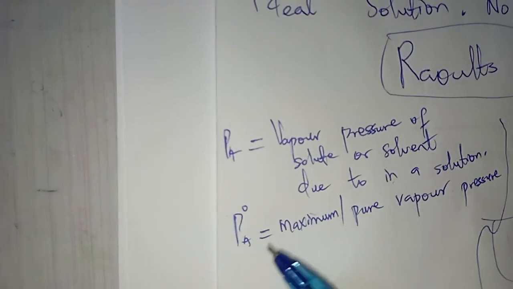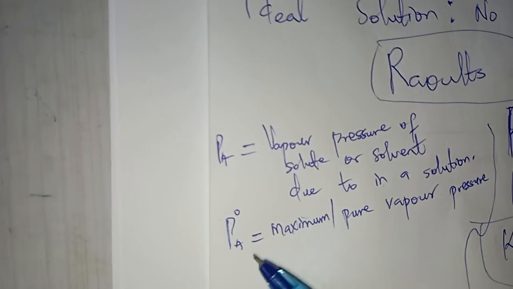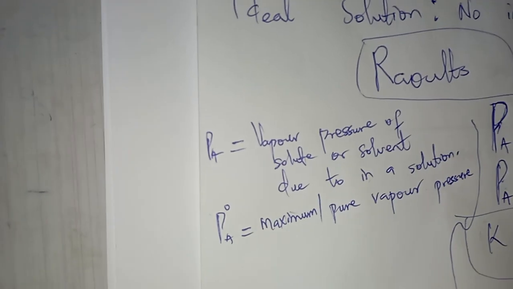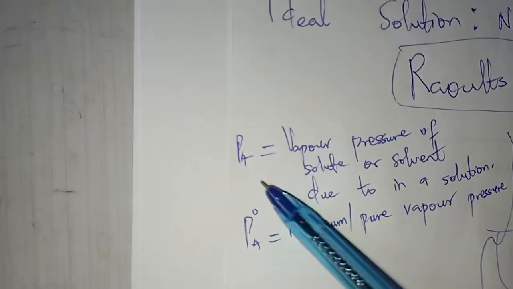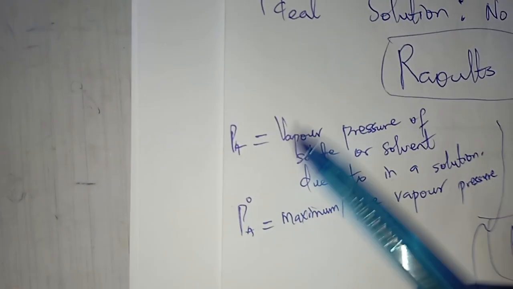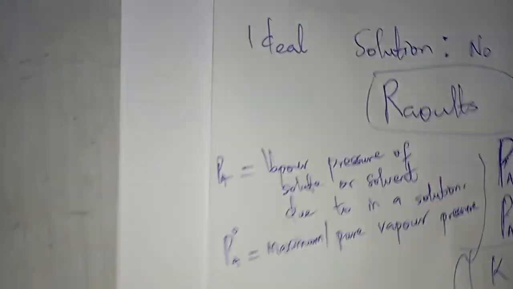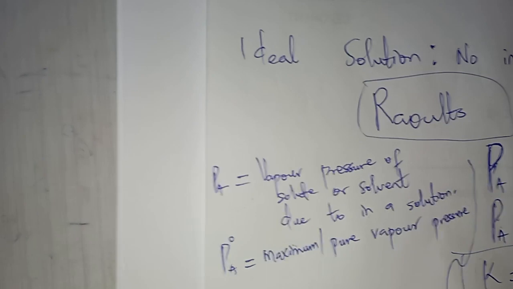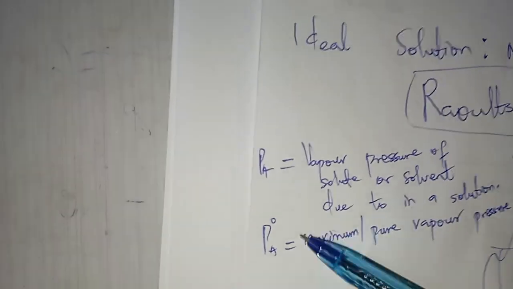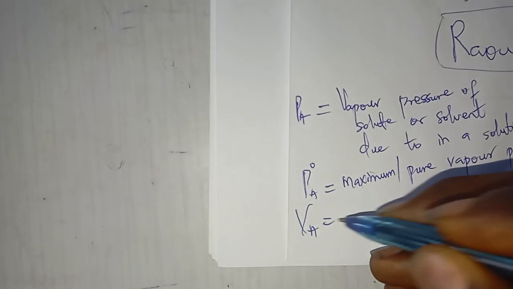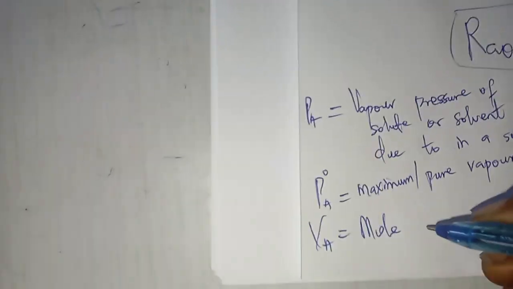But if they tell you a solution of glucose and water did this, then they tell you the vapor pressure of water is this, know that they are talking about the solution. So the vapor pressure due to solution is the one on the left hand side, while the pure vapor pressure, or vapor pressure happening at a particular temperature, is the one on the right hand side. So then XA is equal to mole fraction.